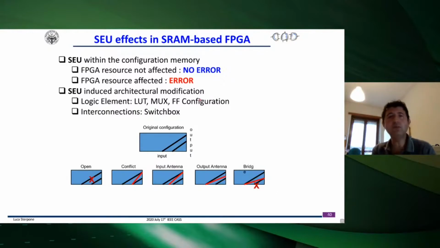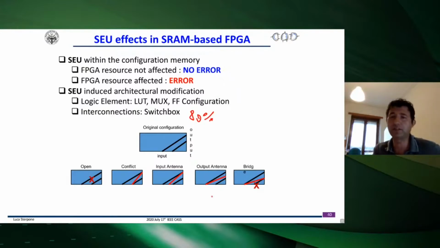Good. What about the single event upset that we have in the FPGA? The modeling is really, let's say, present in literature. A lot of studies show them. So there is a configuration that has some interconnections. If we look at the interconnection, we have to consider that most of the interconnection, let's say 80% of the resources, are related to routing.